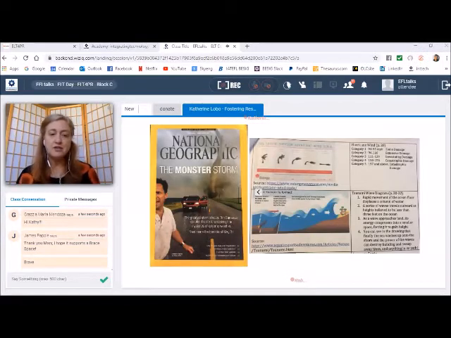I make connections to nonfiction texts as well. So in this case, a tornado from National Geographic Museum. And I make things to complement what we're doing in class and to build those connections to the mainstream classroom.